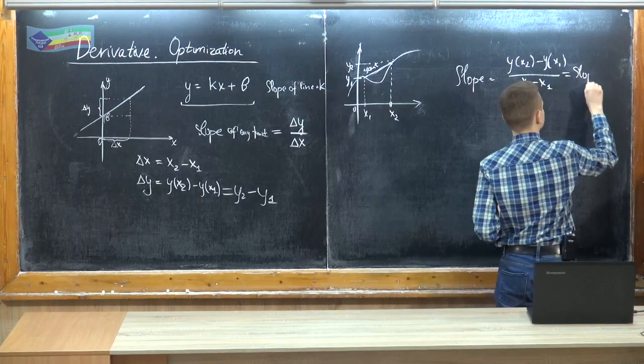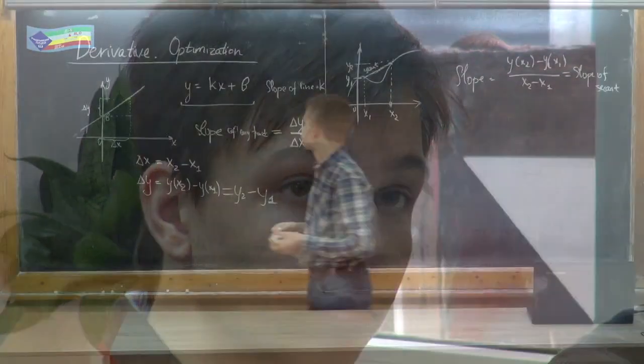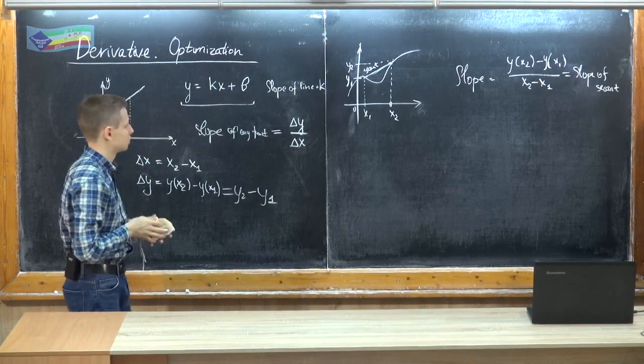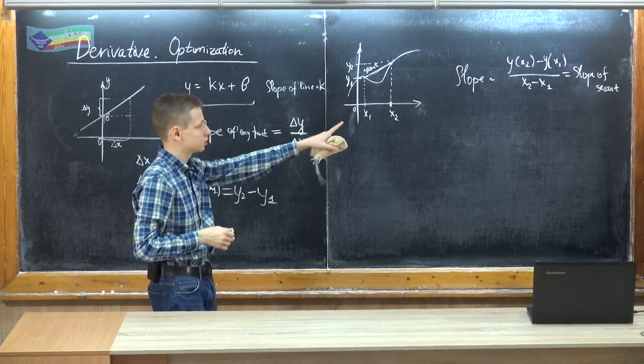So it's equal to the slope of the secant. However, this slope of just any function which is not linear or constant is not very useful for us, because it depends on x2 and x1.